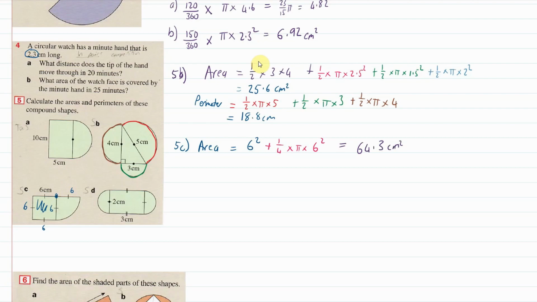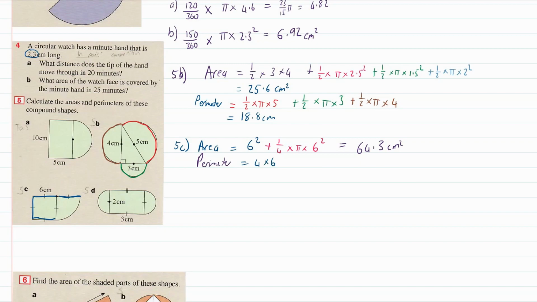Now we're going to do perimeter. Now with the perimeter, let's start from here, 6 plus 6, so 2 sixes, 3 sixes, and then you've got this bit here, 4 sixes, so it's equal to 4 times 6.